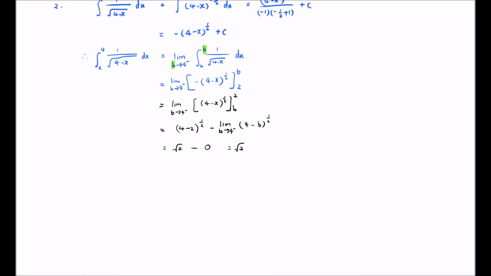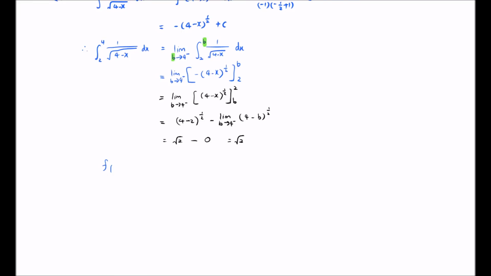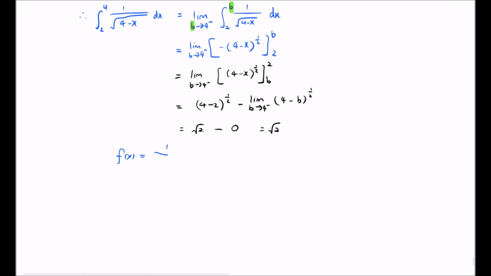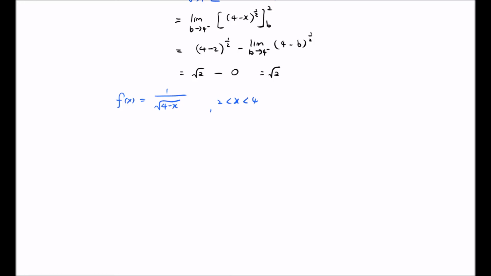So let's try to draw the graph, f(x), from 2 less than x less than 4. So this is your domain. When x equals 4, there's an asymptote, so draw a vertical asymptote at 4. Now at 0, you put it inside and you get square root 4, so you get half. So half is here.